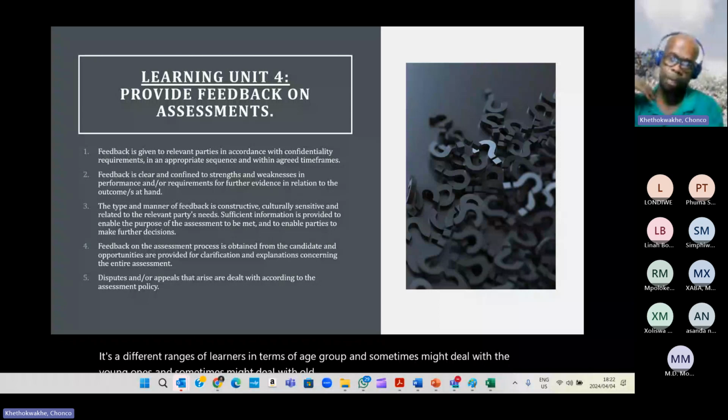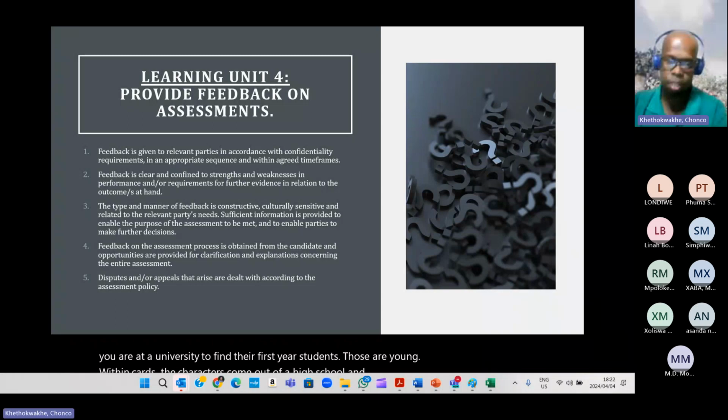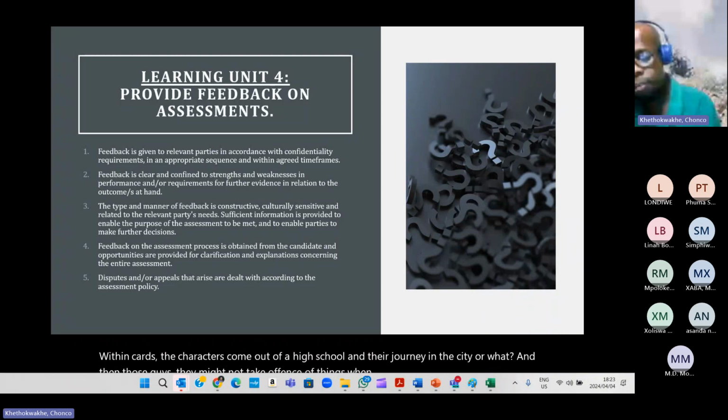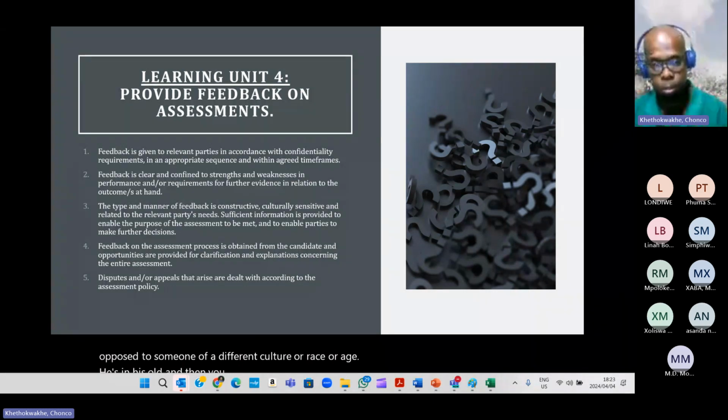Like when you are at the college or at the university, you find there are first year students. Those are young boys and girls that have just come out of high school and joined the university. Those guys might not take offense when you provide feedback, as opposed to someone of a different culture or race or age, maybe the person is old, and then you must provide feedback in a manner that is sensitive.